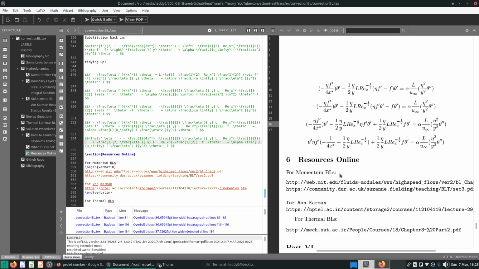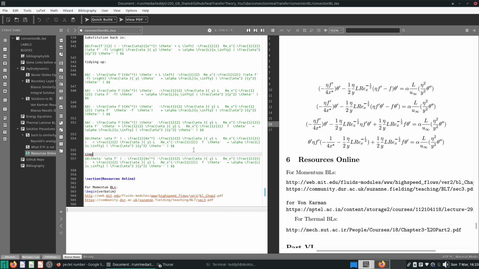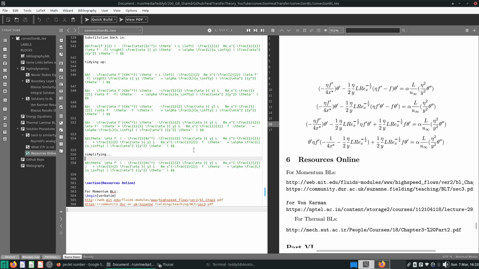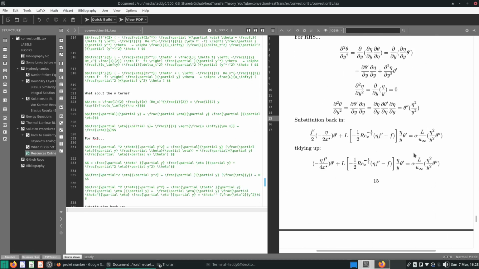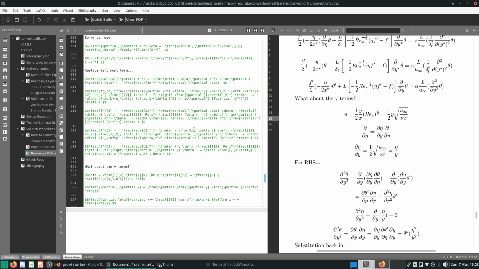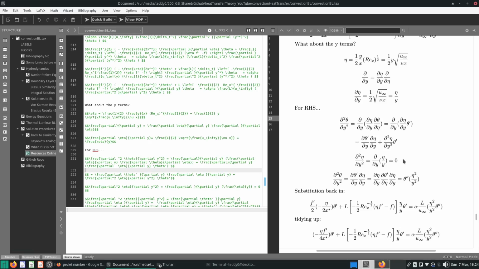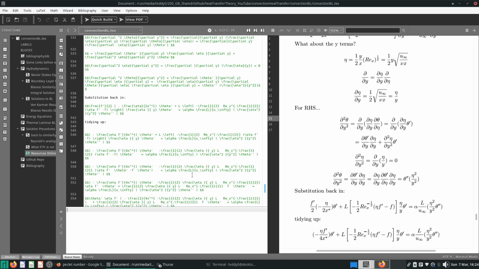We'll try to deal with these terms here. So eta over y. Let's just do that first. Eta over y will be whatever we found earlier. So let's look for eta first. Let's see the RHS part. Yes, eta over y is here, so it's a half square root of all that thing in there.